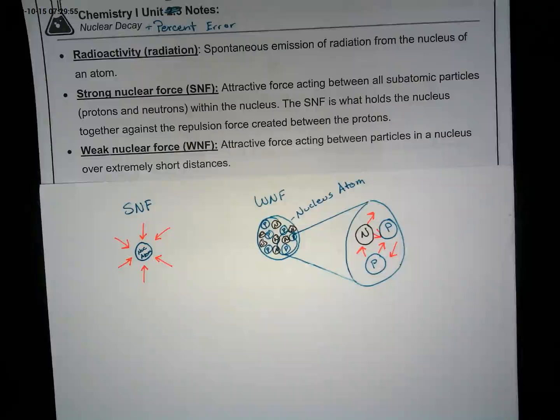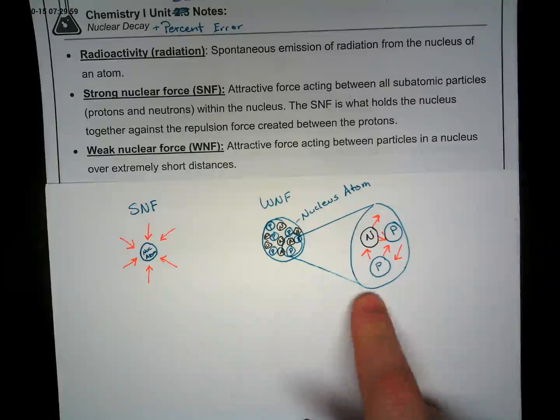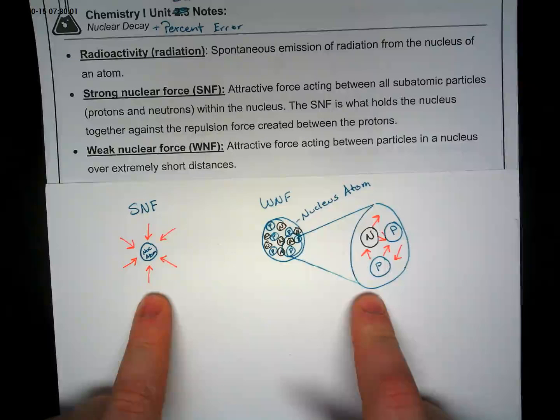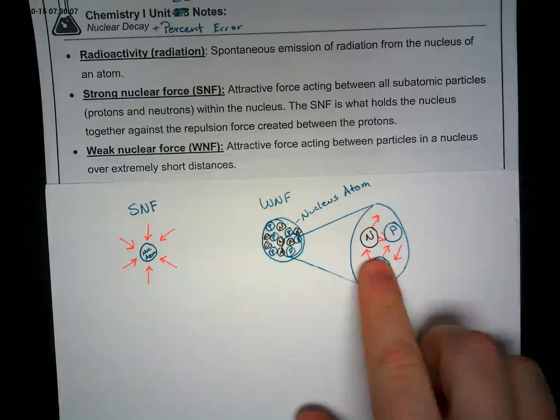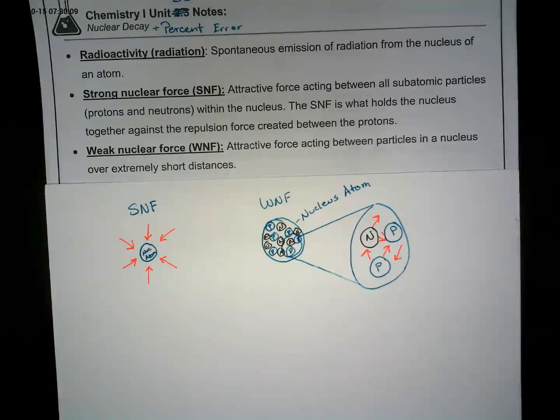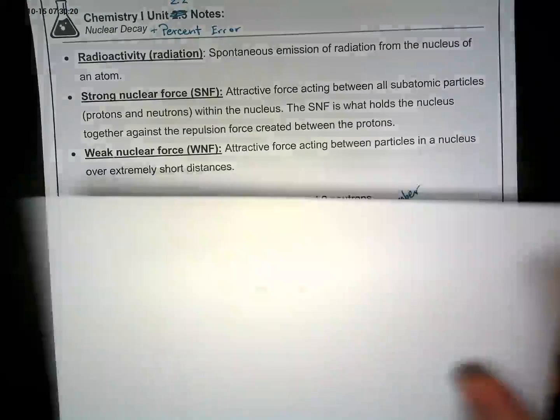So that's more or less visually the difference between the strong nuclear force and the weak nuclear force. This one deals with the force packing tightly together the atom, whereas the weak nuclear force is just the force found within the nucleus between the different protons and neutrons, more or less. Again, more of a visual than anything else.